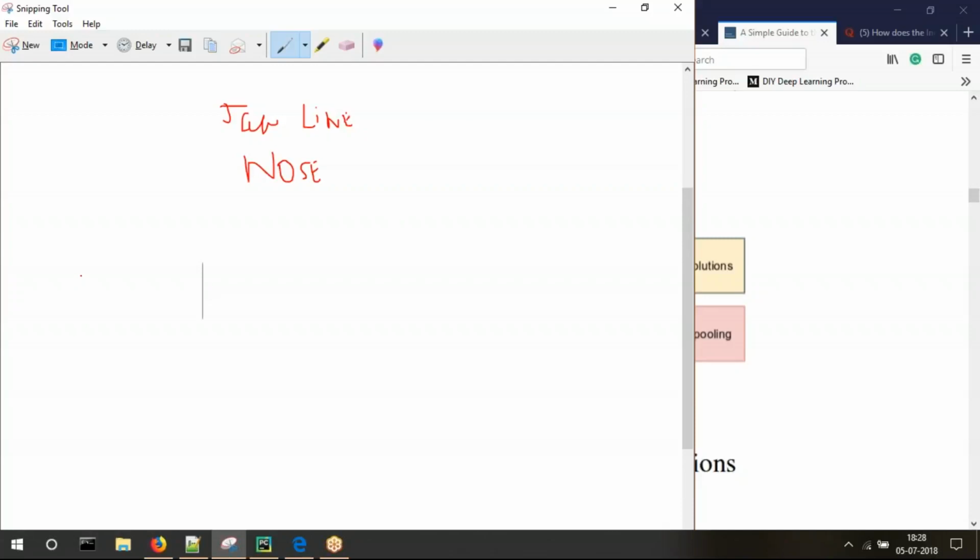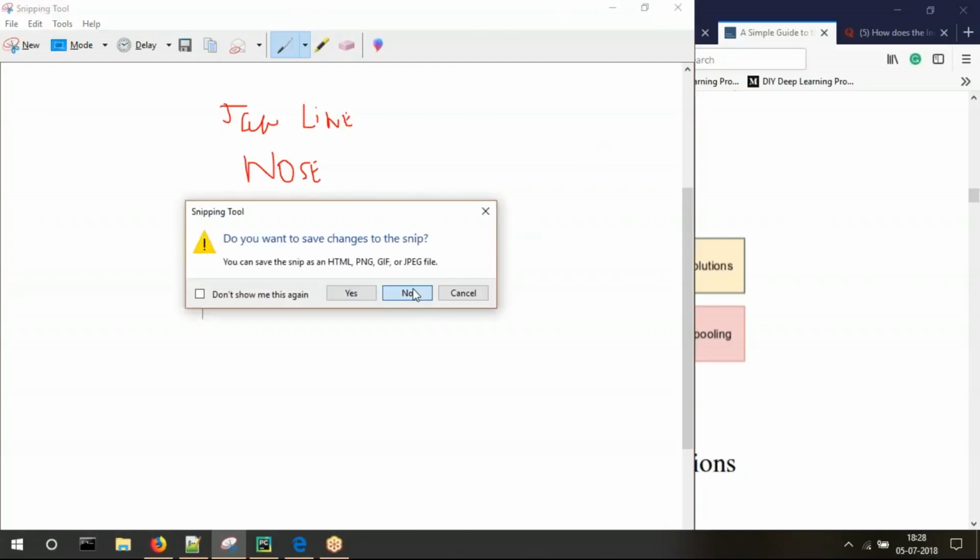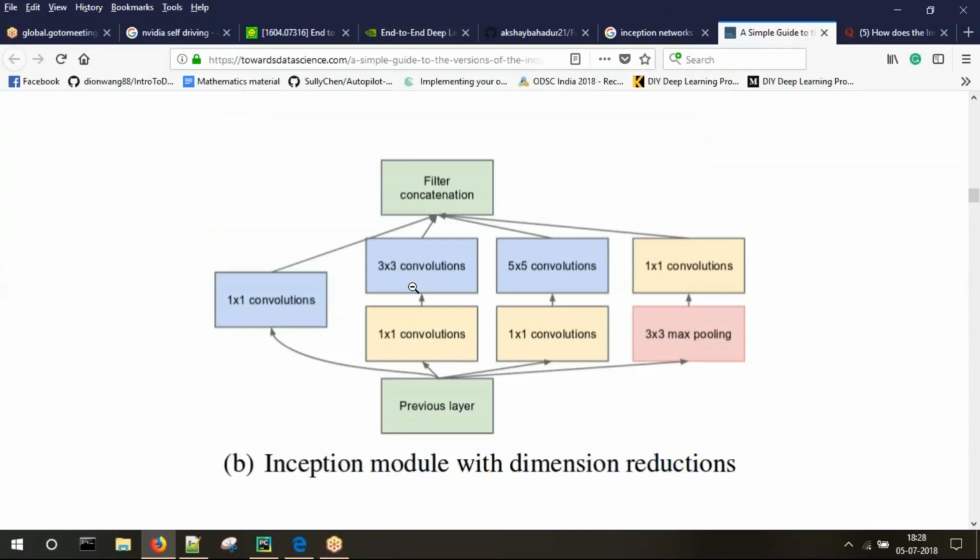These are nothing but different shapes. Convolutions are very efficient at recognizing different shapes, and Inception networks are a form of CNN in which we can try different convolutions in the same layer and get to a conclusion.